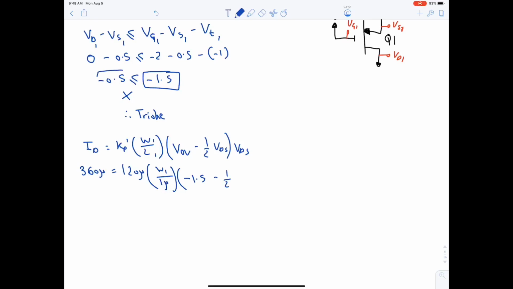VDS is minus 0.5, multiplied by minus 0.5. And this will give us W1 equal to 4.8 micrometer. Okay, that's W1.